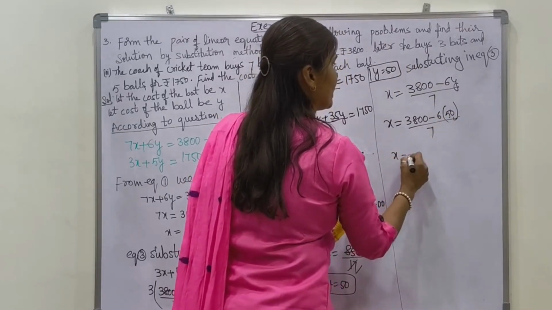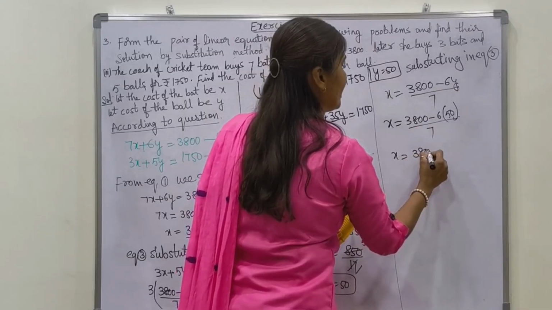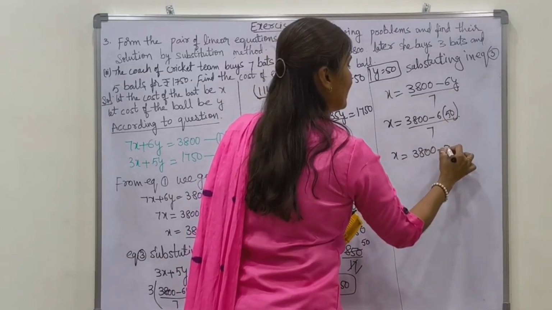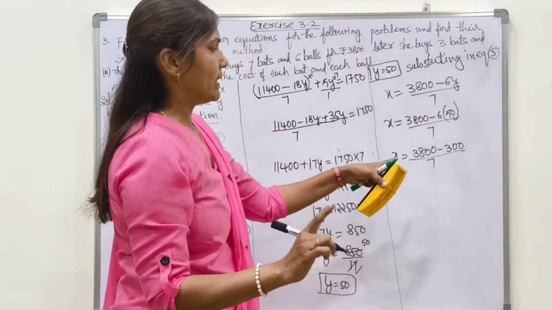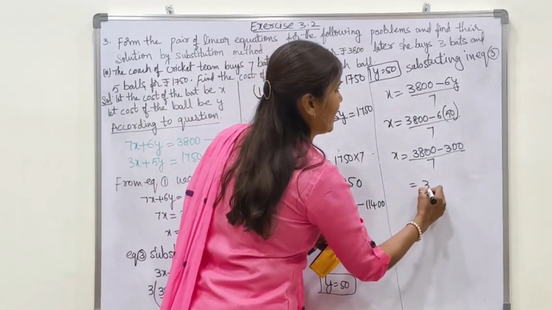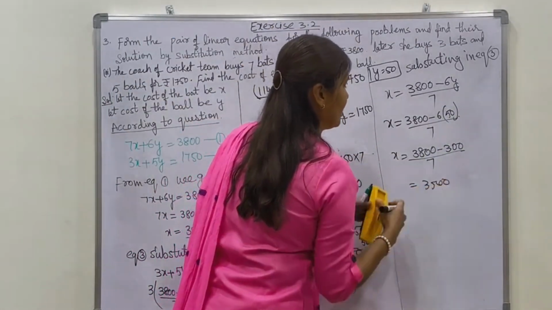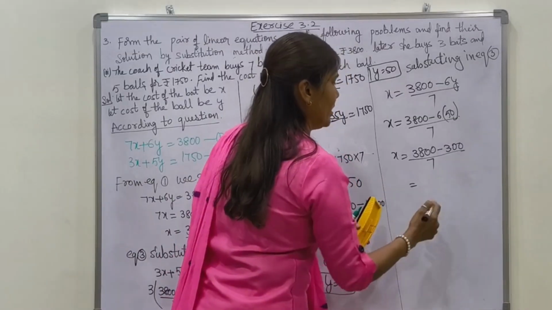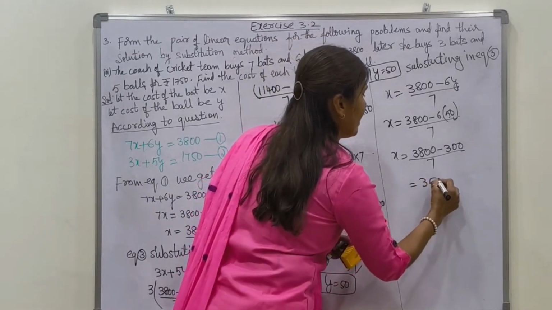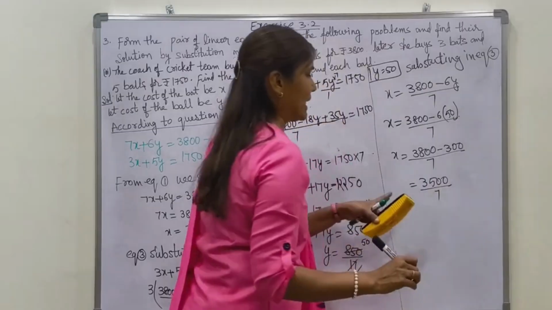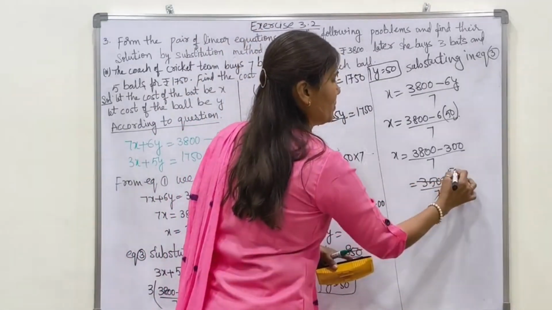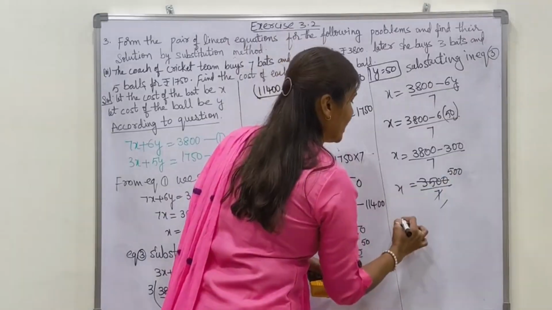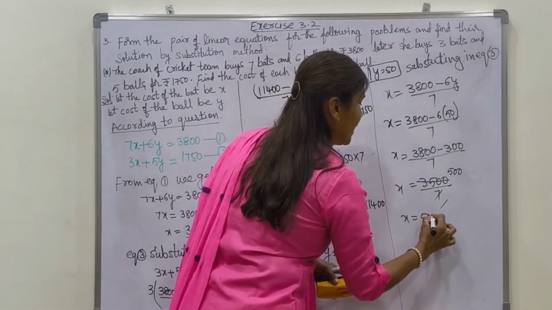Now see here, x equal to 3,800 minus 6 5s are 30, 300, divided by 7. 3,800 minus 300, 3,500 divided by 7. Now cancelling is possible. 7 1s are 7, 7 5s are 35, 2 zeros. So x is equal to what? X is equal to 500.